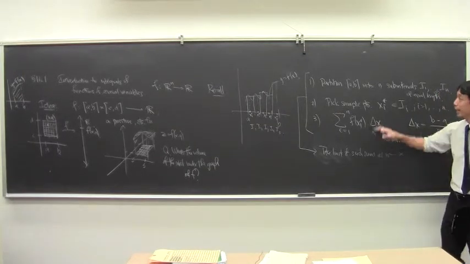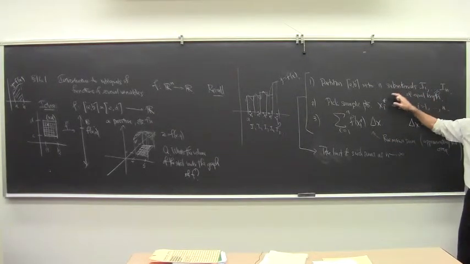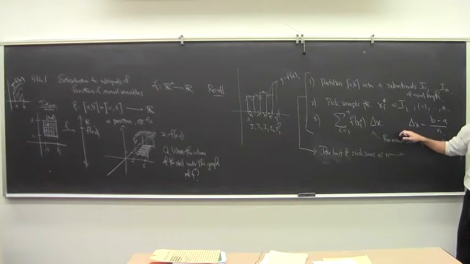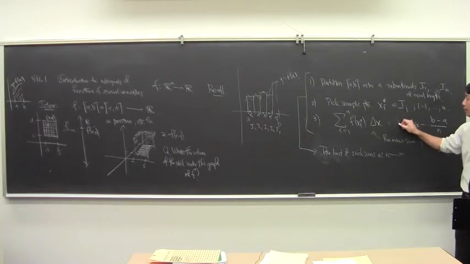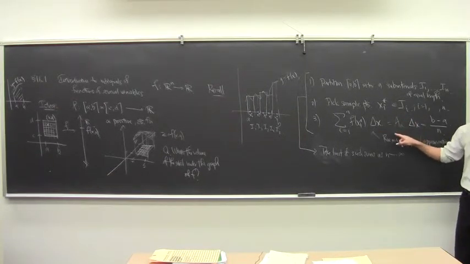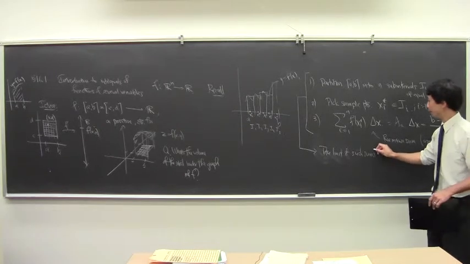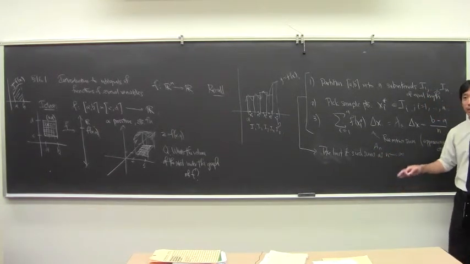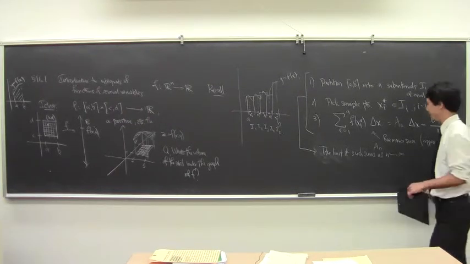For every n, you partition, you select, you create an approximation. So for every n you get a different approximation. Let's call this a sub n, the nth approximation. Take the limit of a sub n as n goes to infinity, and that gives you some number.